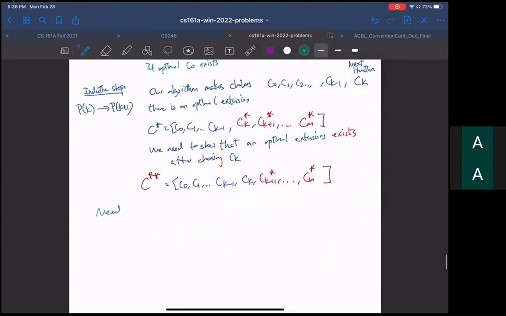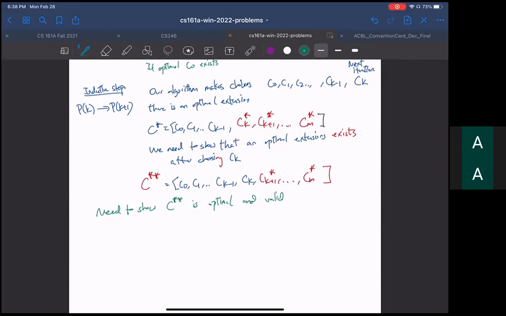Need to show C star star is optimal and valid. Okay. Now, there's a lot more notational stuff that you'll see in the written proof, but I'm just going to go over the intuition for why it is optimal and valid.